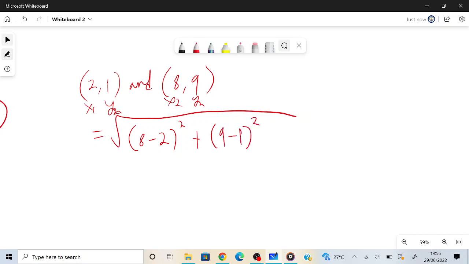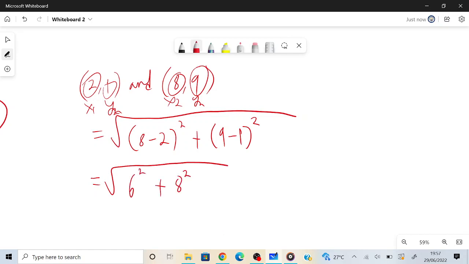Now why 8 minus 2? Because 8 is your x2 and 2 is your x1, and we subtract 2 from 8. And then 9 minus 1 because 9 is your y2 and 1 is your y1, and you subtract y1 from y2. So doing this, you know this is the square root of 6 squared plus 8 squared.